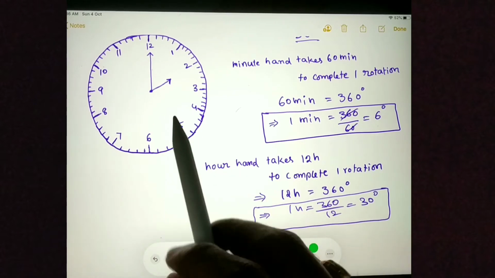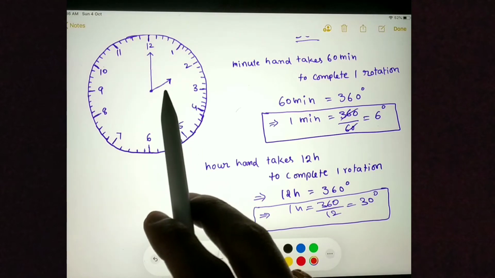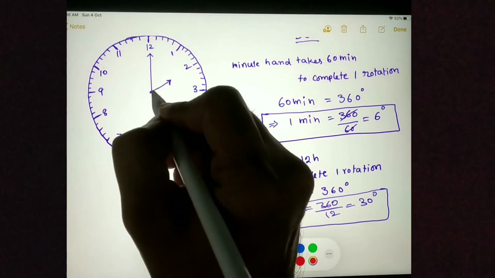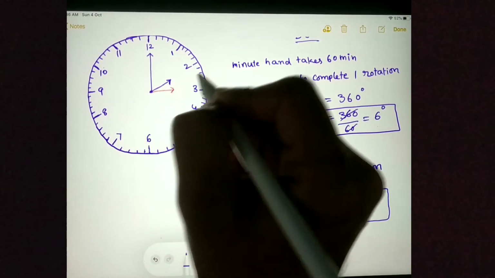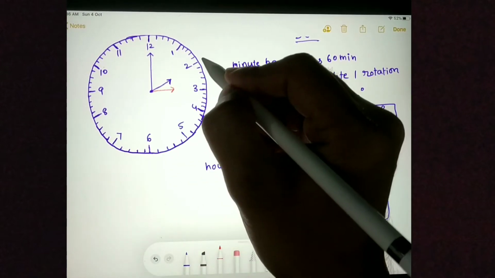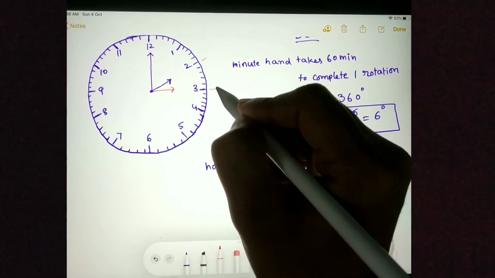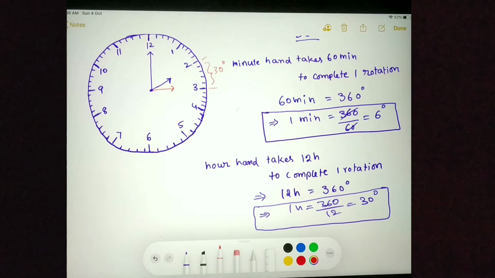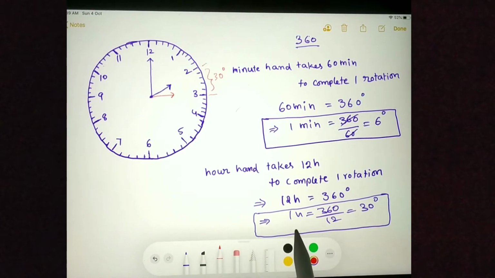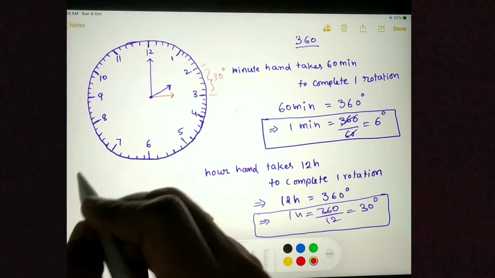Now in this clock the time is 2 o'clock. After an hour the hour hand comes here. So the angle from here to here is 30 degrees. And in 1 hour if our hand travels 30 degrees, in 1 minute how much does it travel?